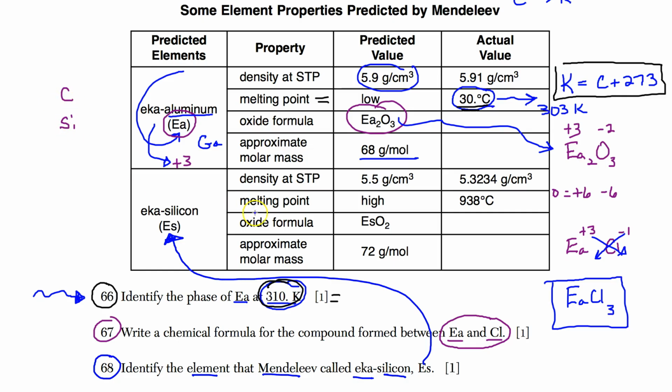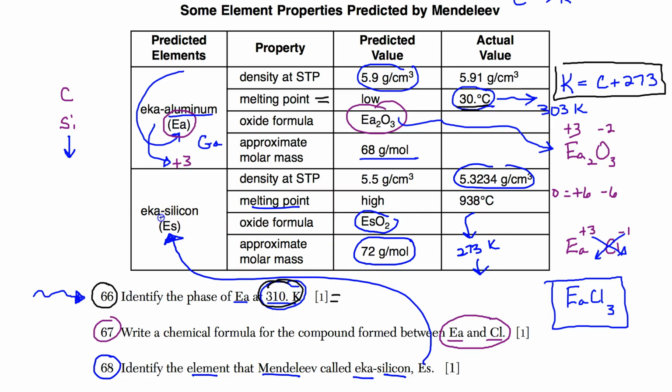He didn't know about electrons, he just knew how they bonded. So we're looking for something that's like silicon, in the same column as silicon. All you really got to do is match the molar mass. Or if you go to table S, you can match the density. If you convert this to Kelvin temperature and add 273, you can match its melting point in table S.